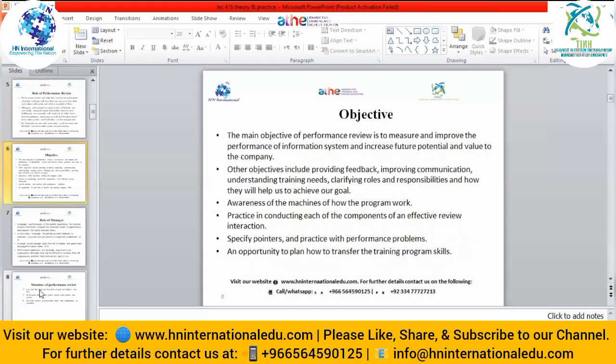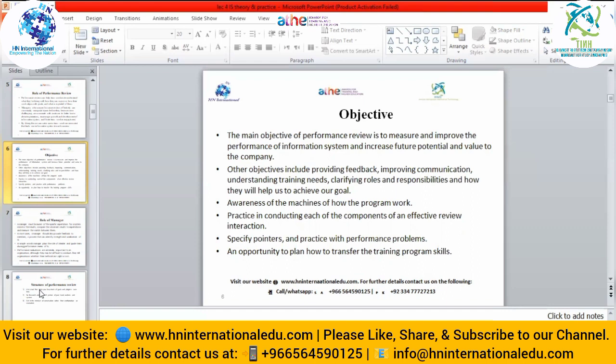Now, before going towards the review, what should our objective be? The main objective of reviewing the performance of an information system is to improve the company's performance. For example, if the performance level of our company is 50%, our main objective should be to take measures so that we can improve our performance and lead the performance of our company towards 75%, 80%, or up to 90%.